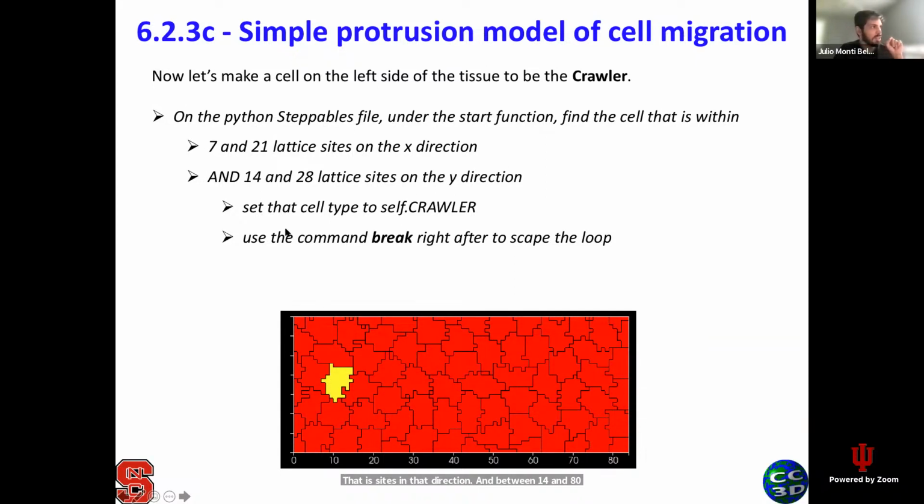Once you find that cell, you change the cell type to cell.CRAWLER. Once you find the cell, you just break the loop, so you just have one crawler cell in your simulation. So try that, and if it works, what you should see is that one of the cells will be yellow.